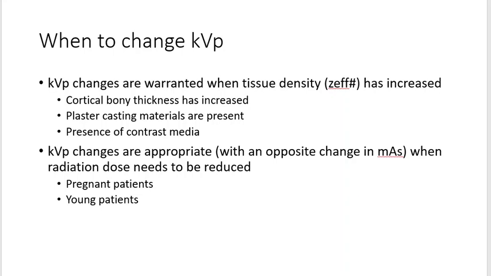If you have, I don't know, maybe a 6-year-old that you're doing a KUB on, you might want to increase your kVp and reduce your mass. So it's important, though, that if you're going to increase your kVp and you're wanting to save patient dose, then you have to reduce the mass as well.